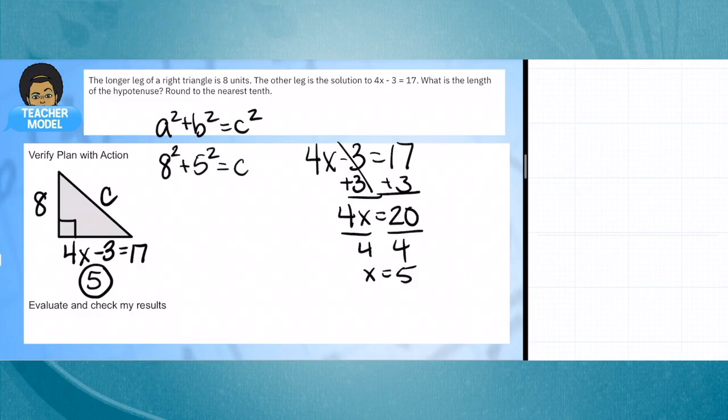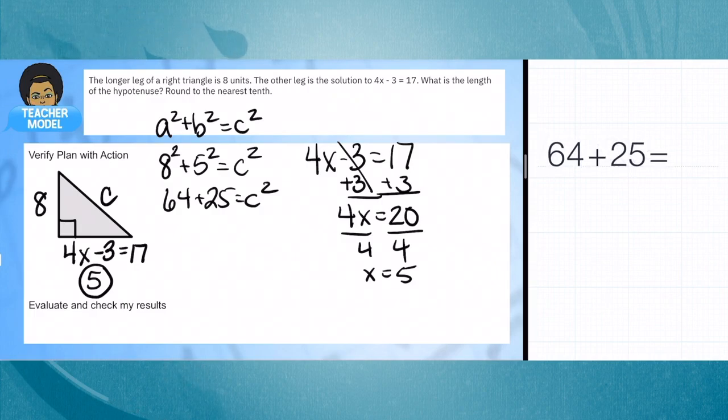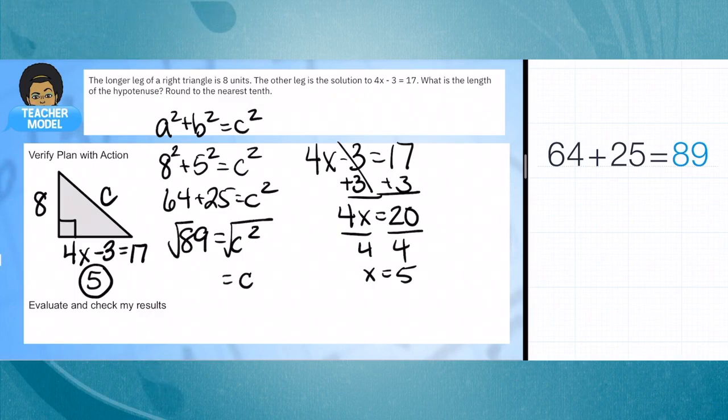5 squared is equal to c squared. Now we can just evaluate. 64 plus 25 is equal to c squared. Let's add these 2 up, and I get 89. 89 is equal to c squared. Let's get c by itself by finding the square root of 89.